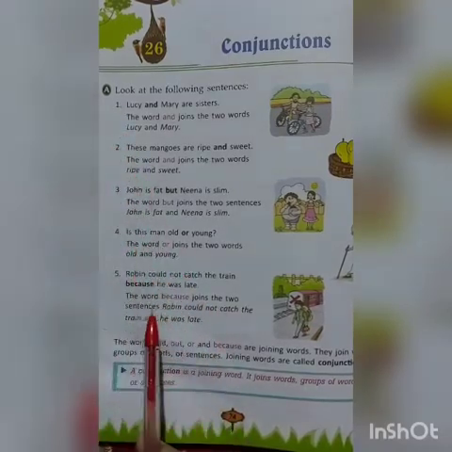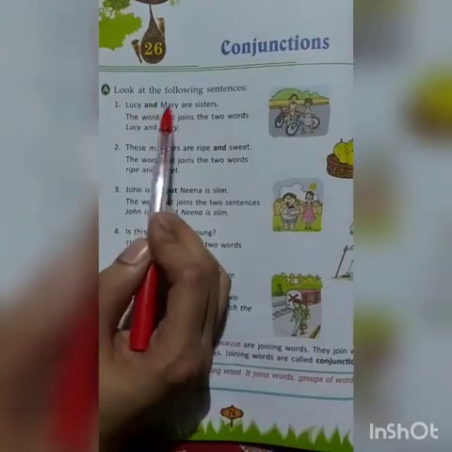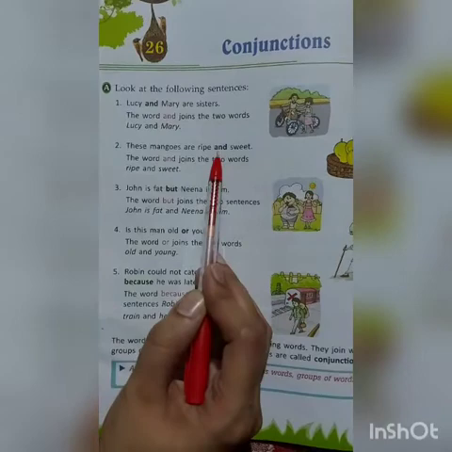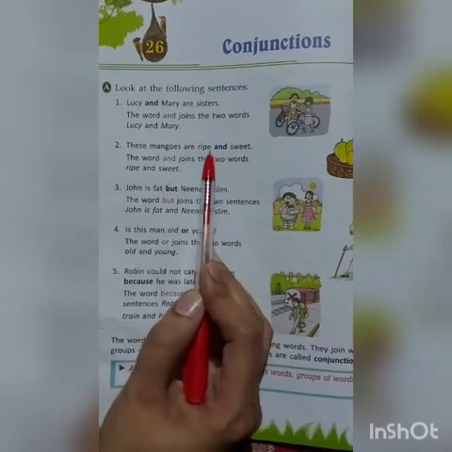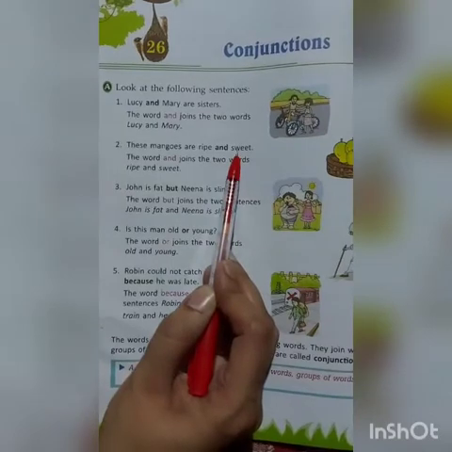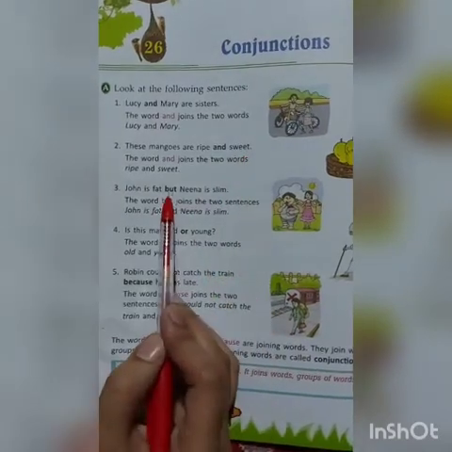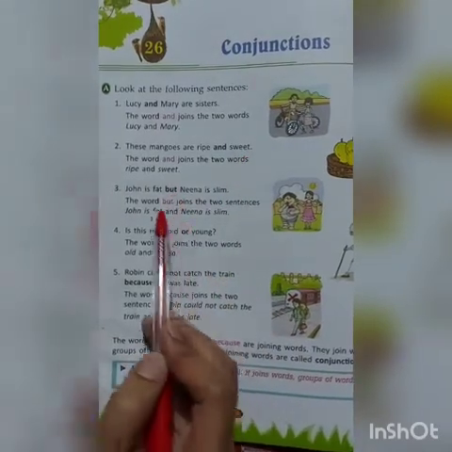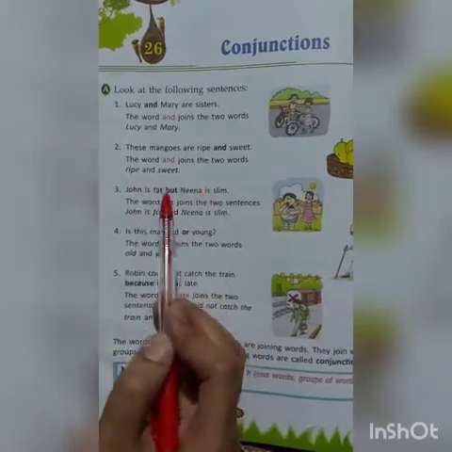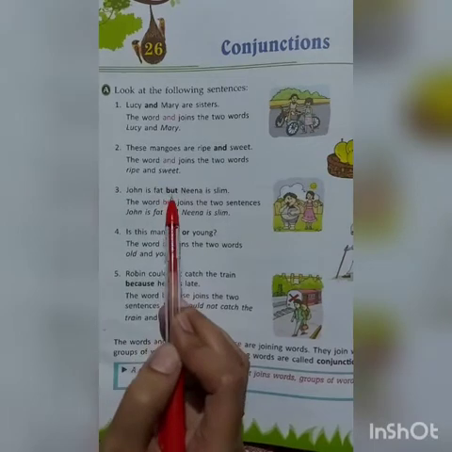And here we have seen it all. Here and is joining two words, Lucy and Mary. Similarly, here and is joining two words again, ripe and sweet. Now the word but here is joining two sentences. John is fat and Nina is slim. These two sentences are joined by using the conjunction but.